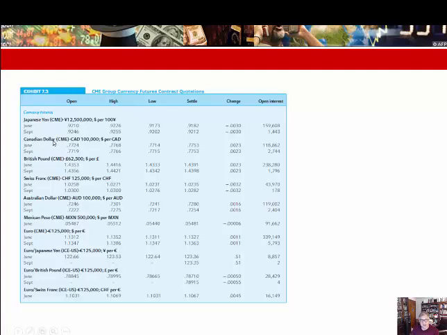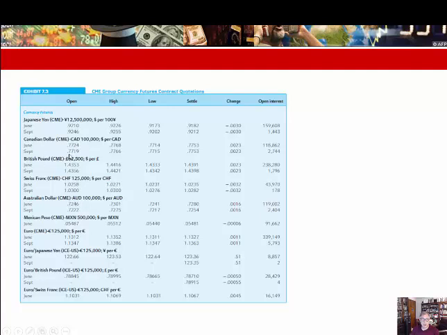So as another example, let's look at the Canadian dollar contract in here. Each contract actually includes 100,000 Canadian dollars. Prices are expressed for 1 Canadian dollar in dollar terms. So the June contract opening price is $0.7724 per Canadian dollar.